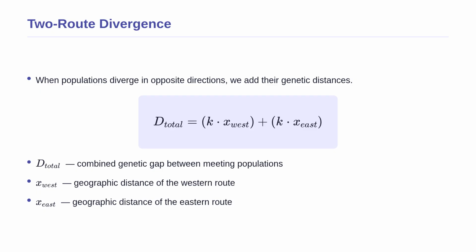However, we must account for the different geographic distances traveled by each group, represented by x west and x east. By calculating the genetic distance for each route separately and adding them together, we find the total genetic gap between the two populations when they finally meet on the other side.